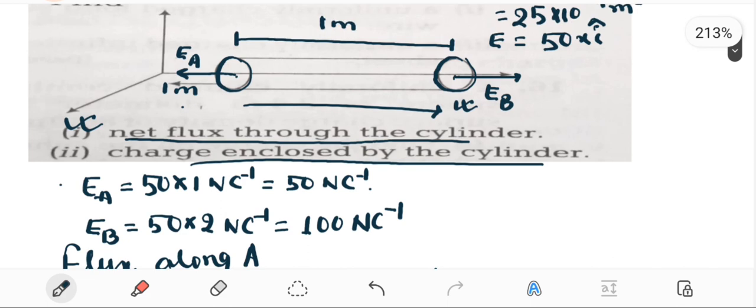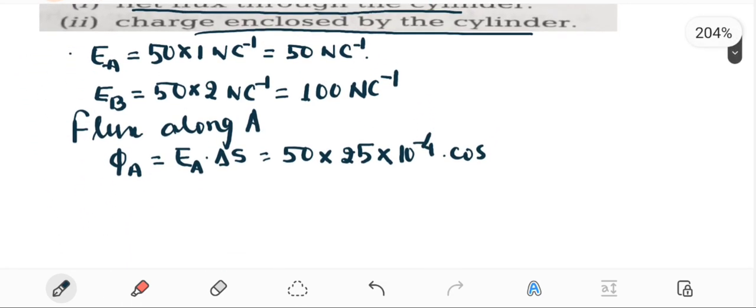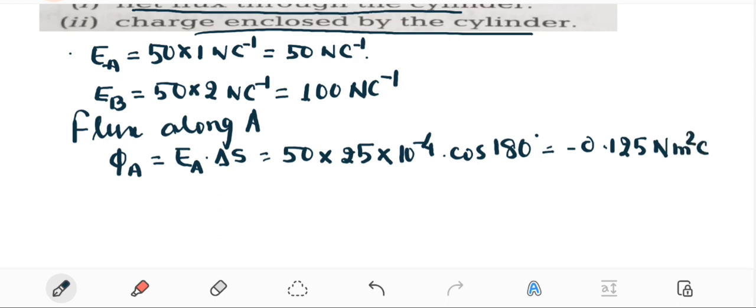Here, when we are talking about this side, this is opposite to the direction of the electric field, therefore this angle is equal to 180 degrees. So we write cos 180 degrees. So finally we will get it equal to minus 0.125 Newton meter square per Coulomb. So this is along A.